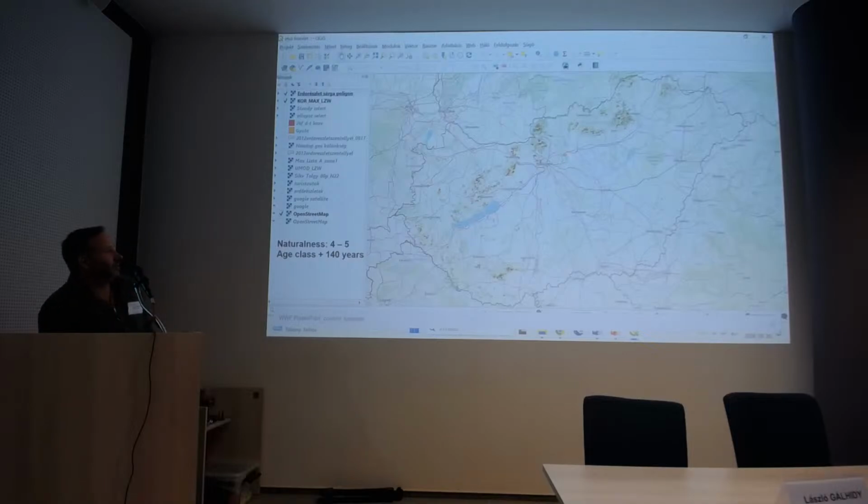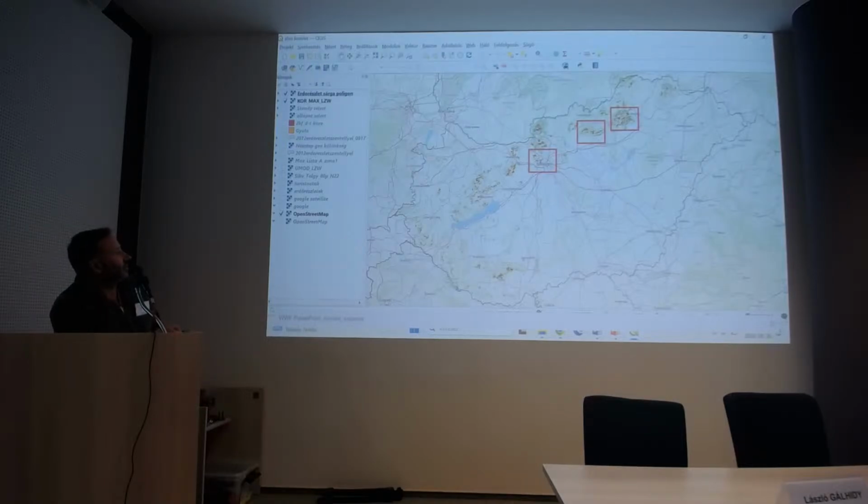So we got this map. And in the last years, I went all across the country and tried to visit some of the spots. Let me pick some. Okay, this Vértes is the biggest spot in the country, but the Bükk Mountains have the most old forests.